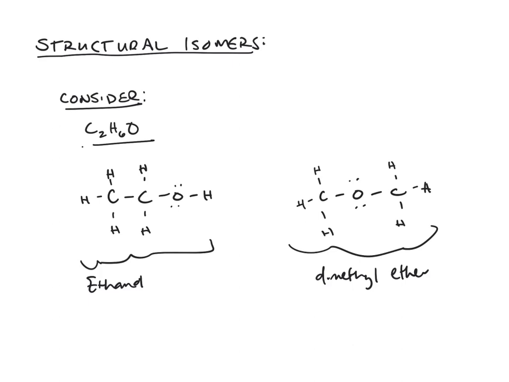And when that happens, we call those things structural isomers. So ethanol and dimethyl ether are structural isomers. They're isomers of each other in that they have the same formula, but different structures. So structural isomers are molecules with the same composition, so the same molecular formula, but different structures.